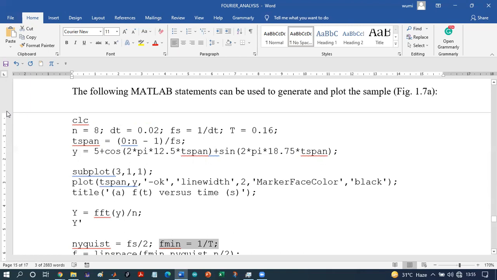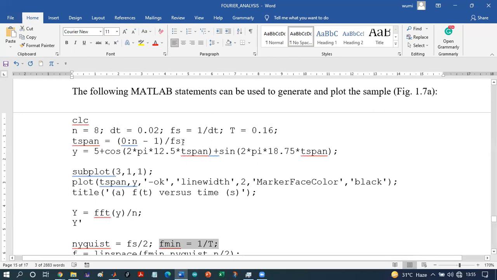So this tspan is to get that array of t values. So the formula is 0 to n minus 1, divided by fs.